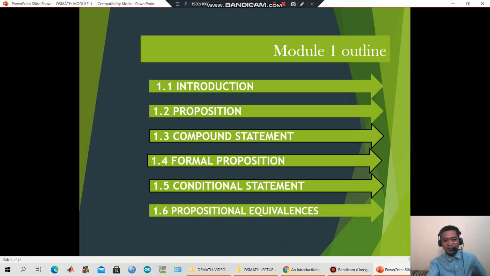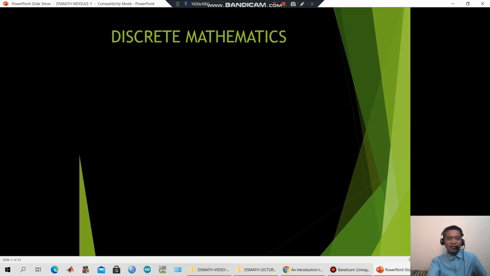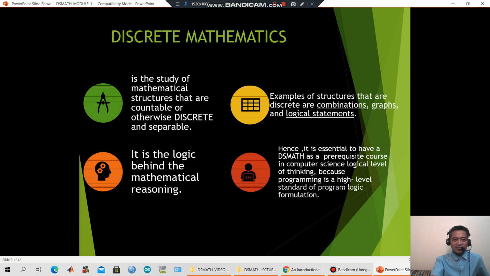Okay guys, let's move. What is discrete math or discrete mathematics? We have here 4 sections. The first one, with the symbol of the compass, is the study of mathematical structures that are countable, 1, 2, 3, or intact.